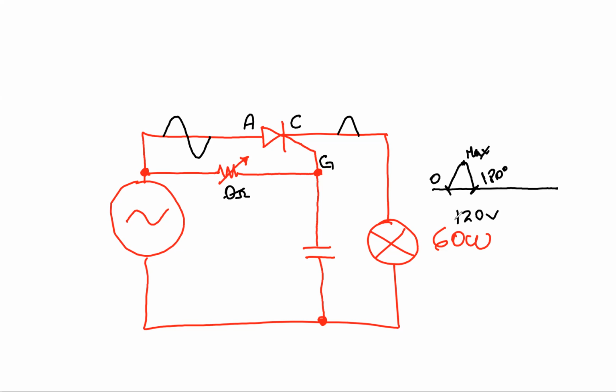So if I wanted to reduce this 120 volts to only 85 volts, by controlling this variable resistor, I would be able to make the SCR fire later on. So I would have that silent period, and suddenly the SCR turns on, and then it completes its cycle.